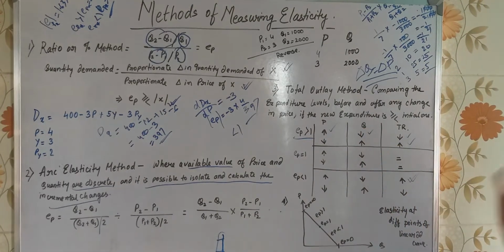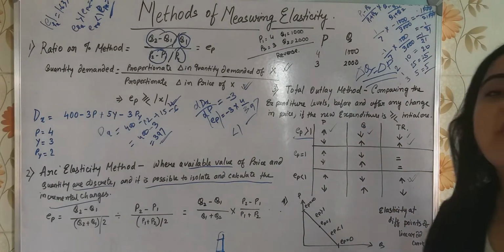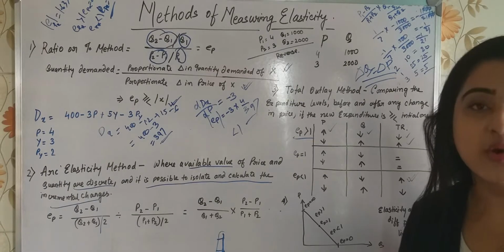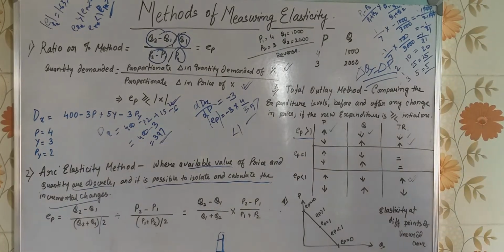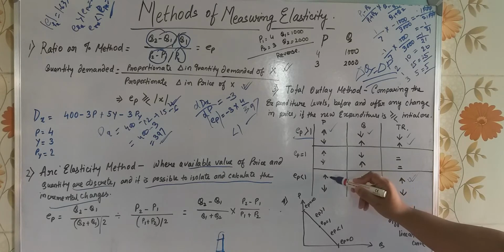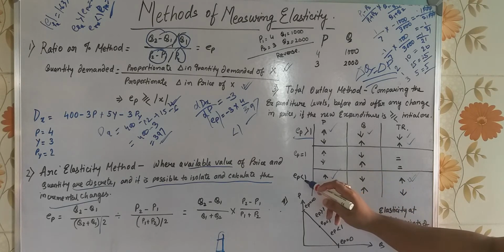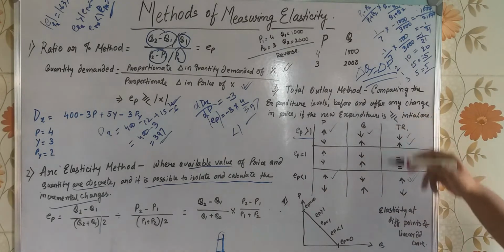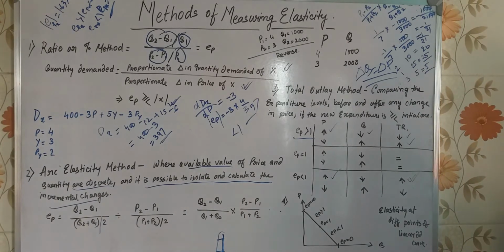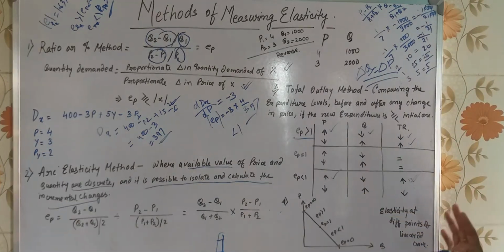So for this kind of commodity, what are these commodities? These are necessary goods. So what is happening when EP is less than 1? If price is increasing, quantity demanded will definitely decrease, and what will be the impact on the total revenue? Total revenue will increase because price is being increased a lot. Okay. And the opposite will happen for the decrease.